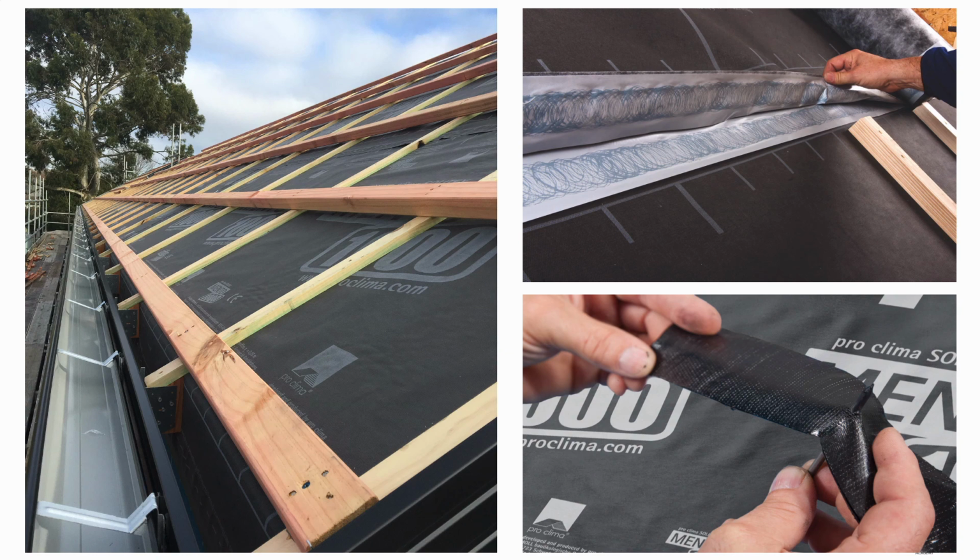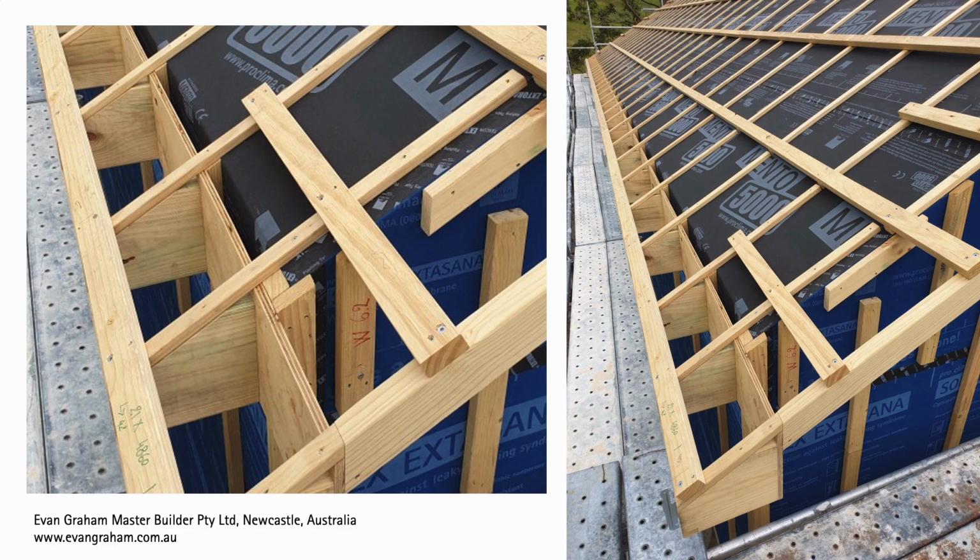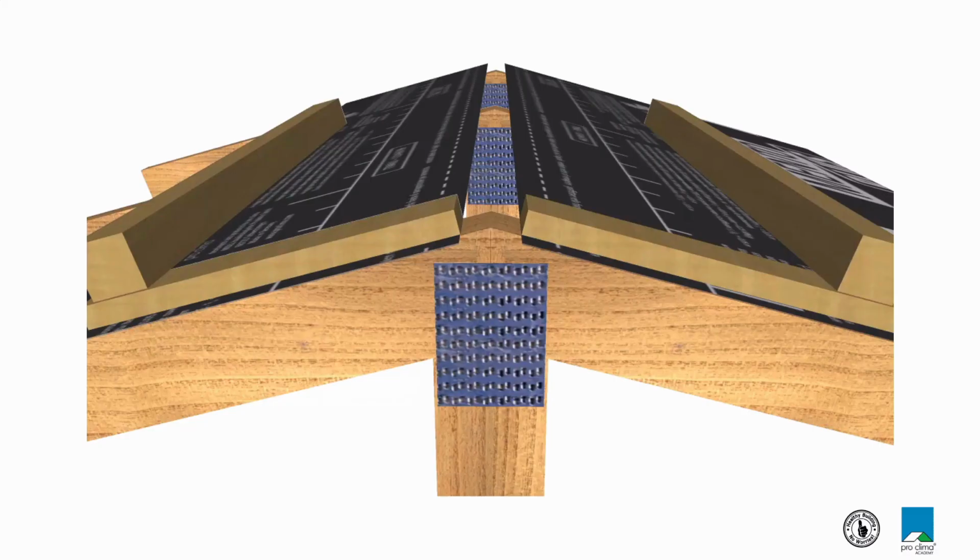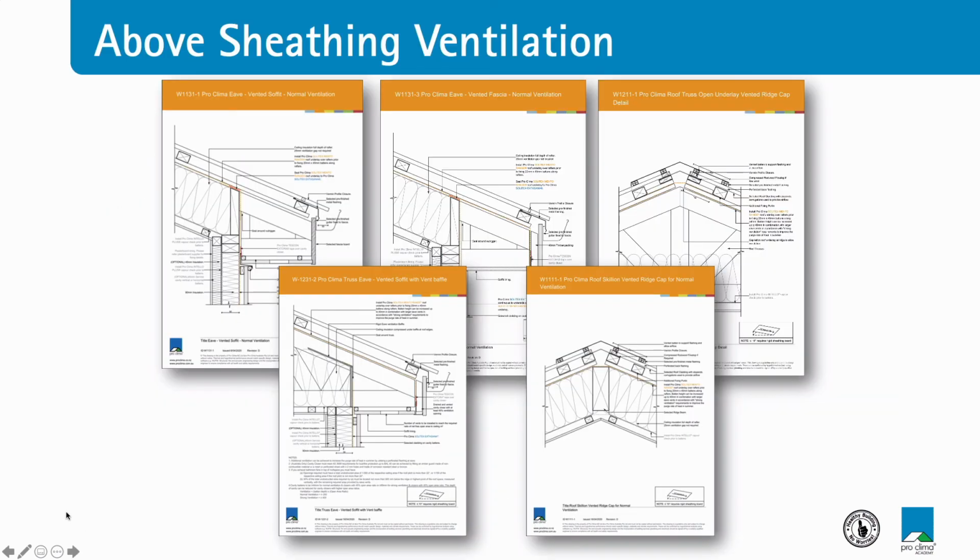What does cause some questions and does require a little bit of consideration is how to finish it off, particularly at the eave, with the connection of the roof to the spouting and how to finish the barge or the edge of the eave. But we do have some details for that, and we also have some details and can assist with the detail at the ridge cap as well.